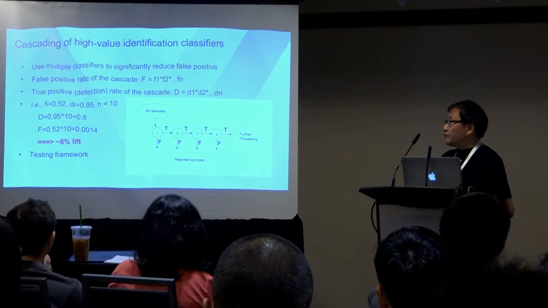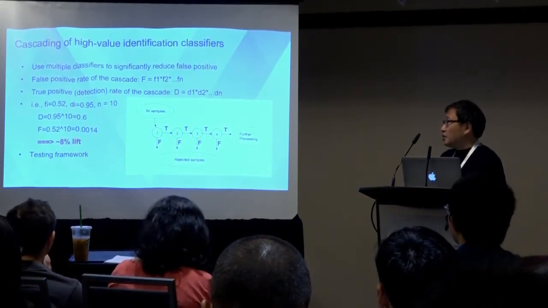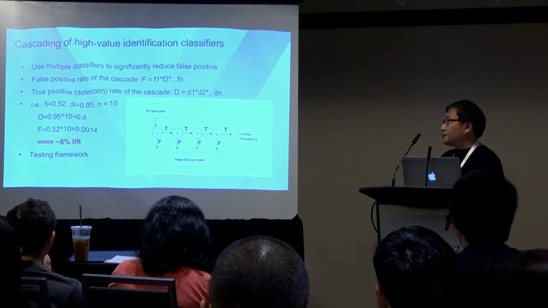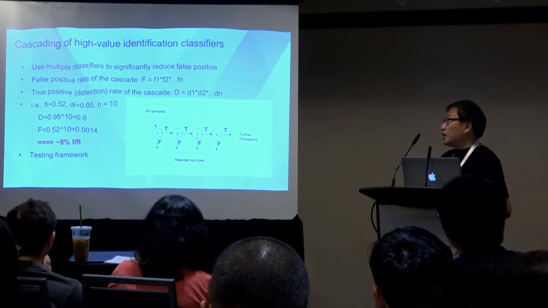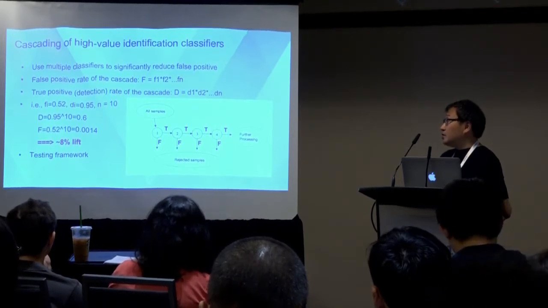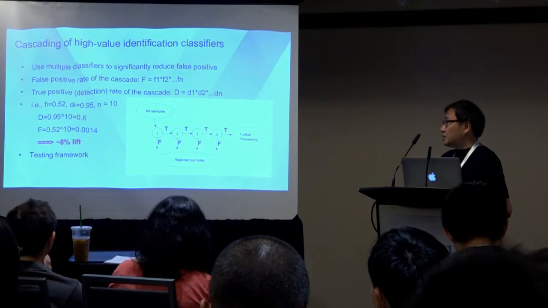And we proved that for this scenario, if we concatenate 10 classifiers together, we reduce the false positive rate to a very small amount that cannot be achieved if you just train one single classifier.